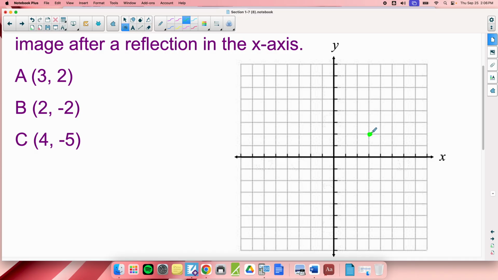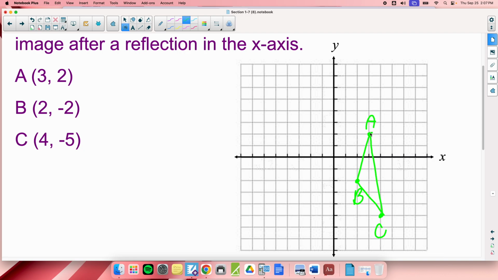We're going to put a dot and call it A. B is over 2, down 2. We put a dot and call it B. C is over 4, down 5, and that we call C. And we're going to connect those dots into a triangle.